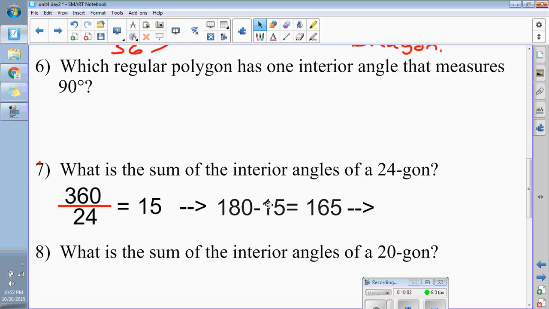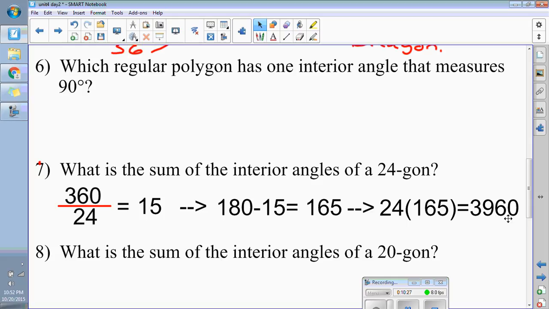We end up with 165. So a 24-gon is going to have 165 degrees in each of its interior angles. And from there, all we need to do is say 24 sides times 165 interior degrees per angle, and we end up with 3,960 degrees total.